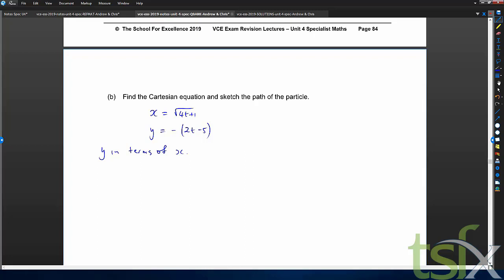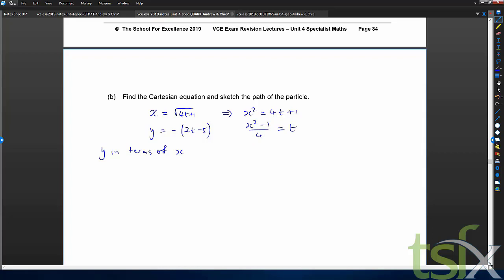So the easiest one would probably be the first one. So we could say that x squared equals 4t plus 1. And then we could say that x squared minus 1 over 4 equals t. And then we're going to substitute that into the equation of y.